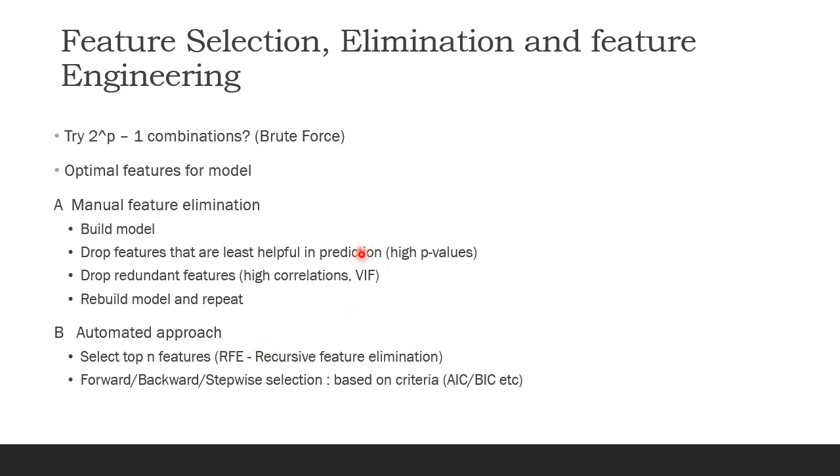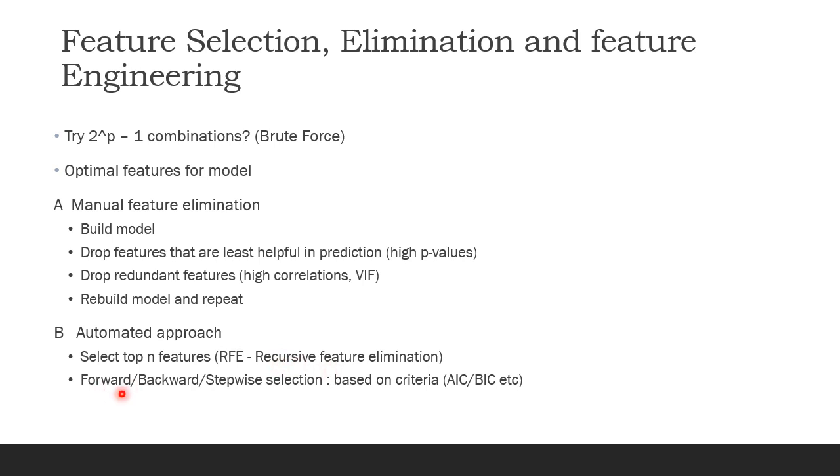For example, here we could have a cutoff point of p-values or VIF or correlations. We select a cutoff point and run the model again, and then remove those variables based on the parameters which tell us about redundancy, and keep on running it. It could be a recursive method where we can do that.